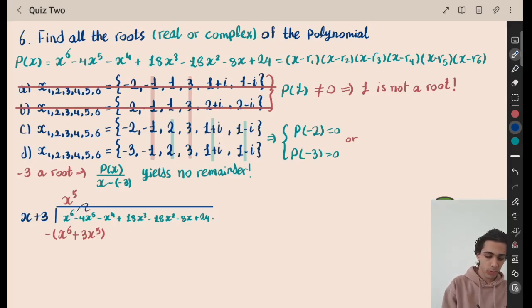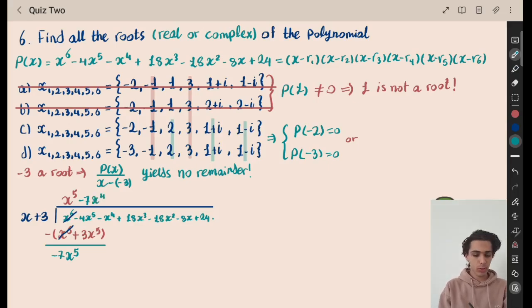Now I've mentioned this once, I'm not going to mention it every single time. And now I will proceed with the computation. Minus 4x to the 5th, minus 3, so that's minus 7. Now repeat, you get minus 7x to the 4th, that's obvious.